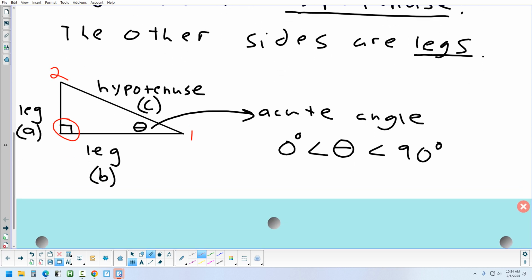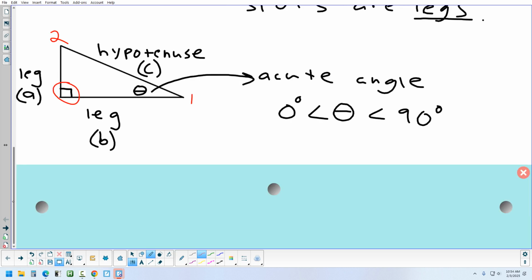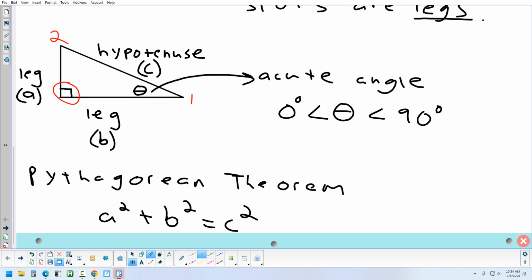Now there is a theorem that we can use to help us figure out sides in a triangle if we don't know them, but you need to know two. Does anybody know the theorem I'm thinking of? Yes, the Pythagorean theorem, which says if you square one leg, square the other leg, and add them together, that's equal to the hypotenuse squared.